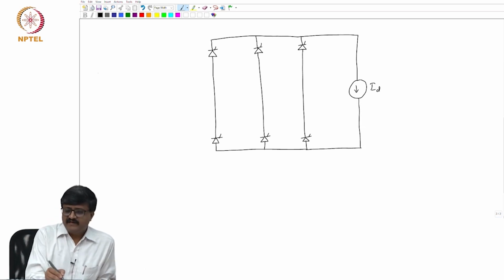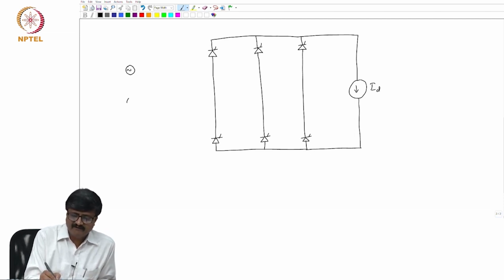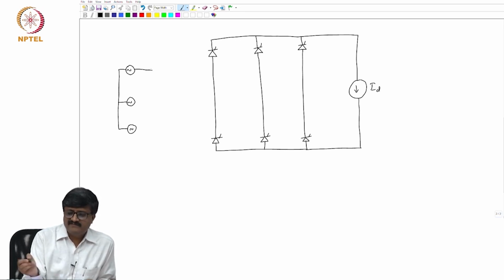On the AC side, I have a 3-phase voltage source connected in Y or star, and in each phase on the AC side, there is an inductance.